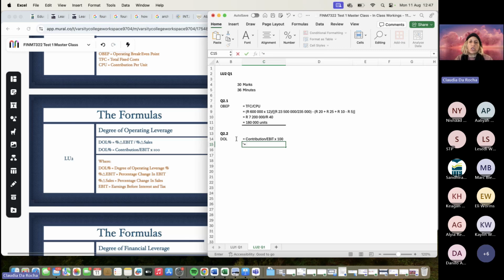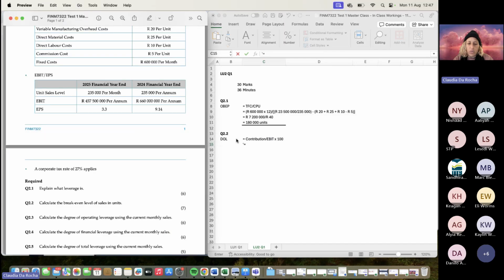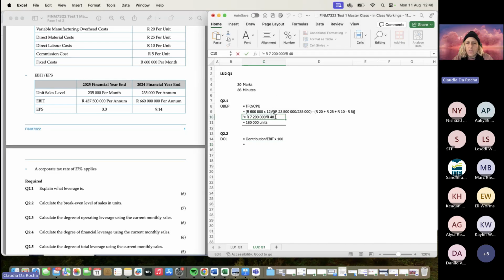So what is our contribution? We're dealing with the 2025 financial year. If I bring up the question, it's asking us for a contribution for the 2025 financial year. So we have to use what's here. Our unit sales is 20,500 units, and our contribution we know was 40 because we had our contribution here. It's not contribution per unit, so it's total contribution.